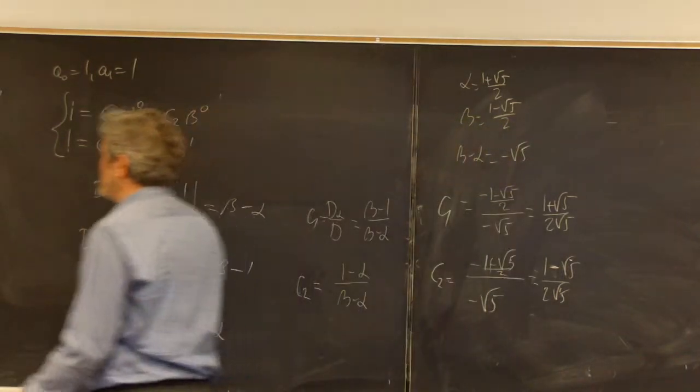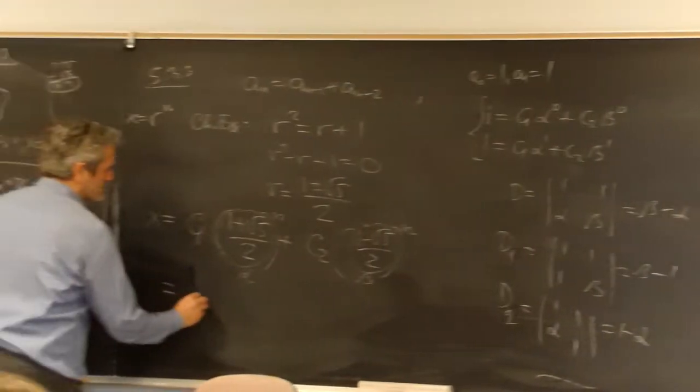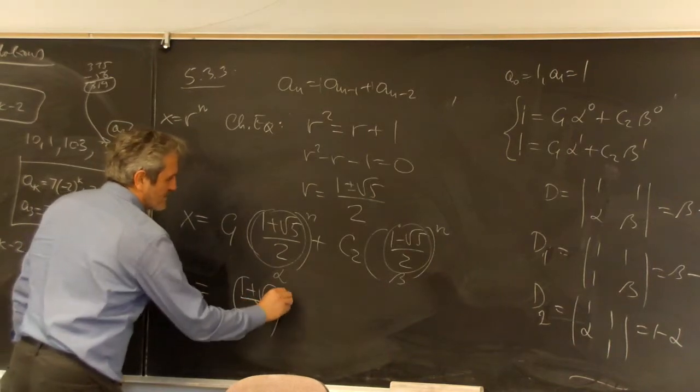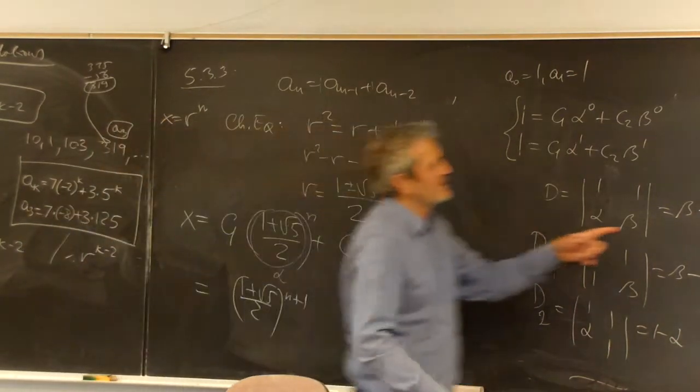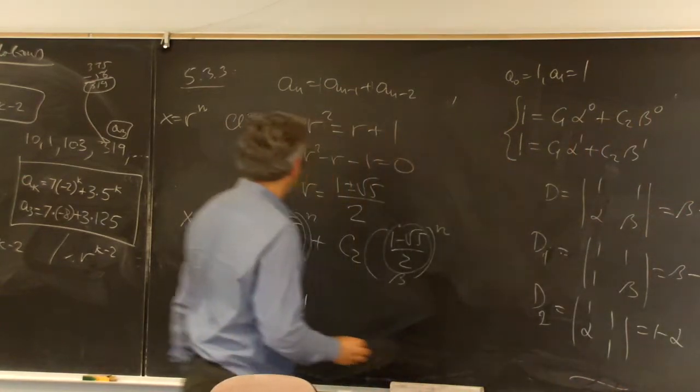So what do we have? It's interesting that C1 has 1 plus root 5 over 2, so we can write it like this: 1 plus root 5 over 2 to the n plus 1, because there is another 1 plus root 5 over 2, the only extra is 1 over root 5.